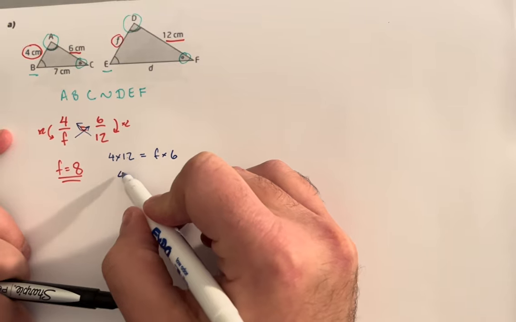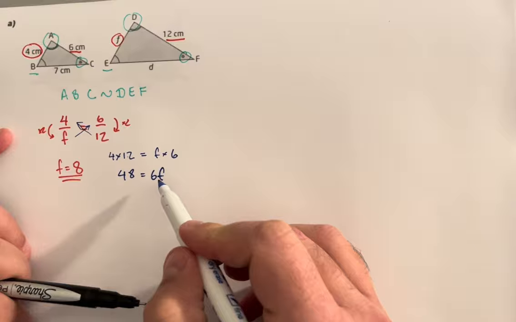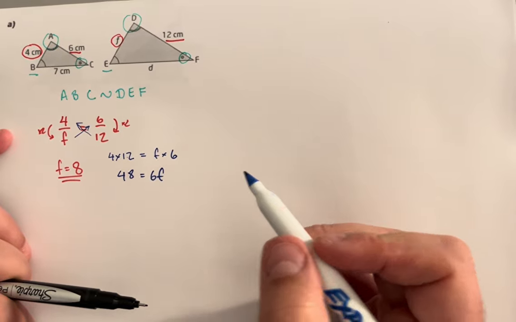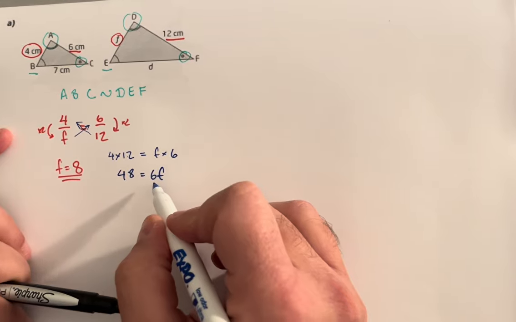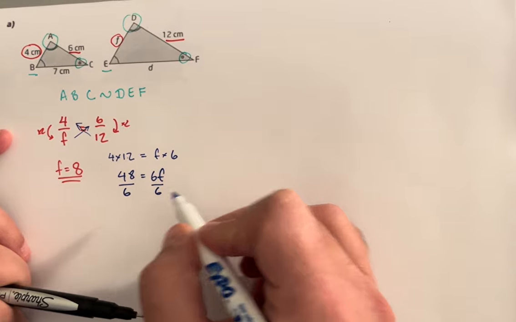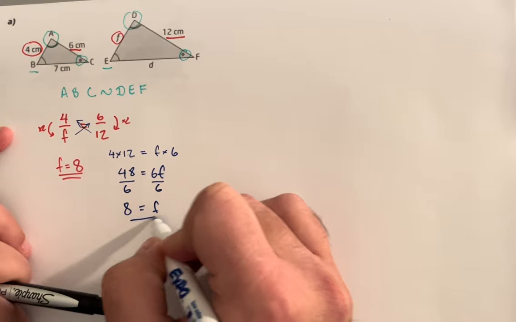And 4 times 12 is 48, and 6F. And now we just have to isolate for F. And if you remember that from last year, that's great. And if you don't, all we have to do is do the opposite. So 6 times F means that we have to do divided by 6 on both sides. And so F is equal to 48 divided by 6, which is 8.